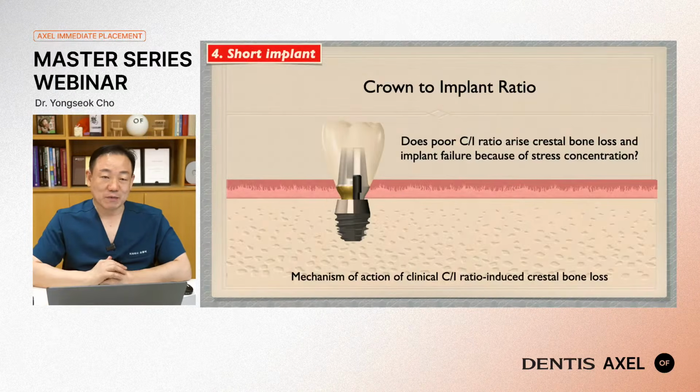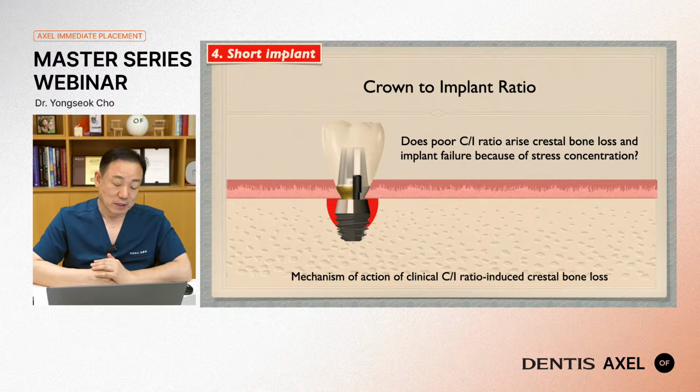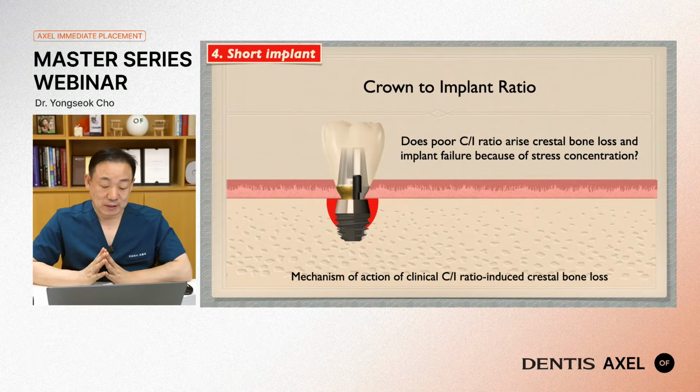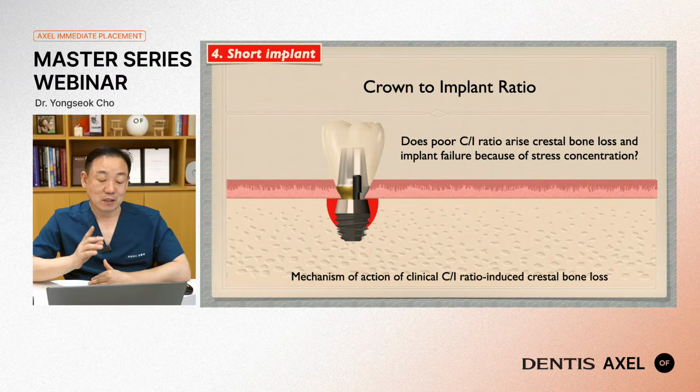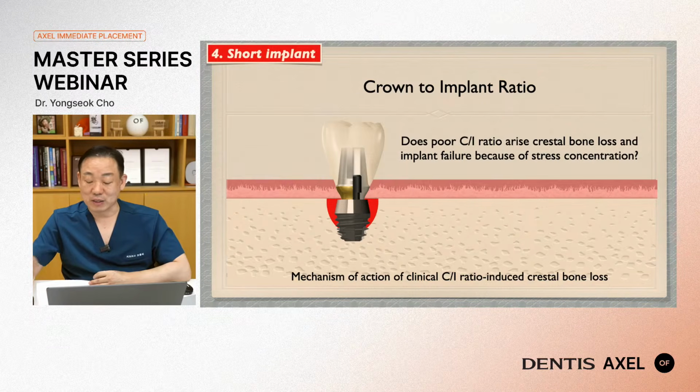Some dentists are skeptical of short implant because when we use a short implant, the crown to implant ratio inevitably increases, and many dentists therefore have a concern about long-term prognosis. However, this concern often arises from applying the biomechanical principle of the natural tooth directly to implant without fully recognizing the difference between them.